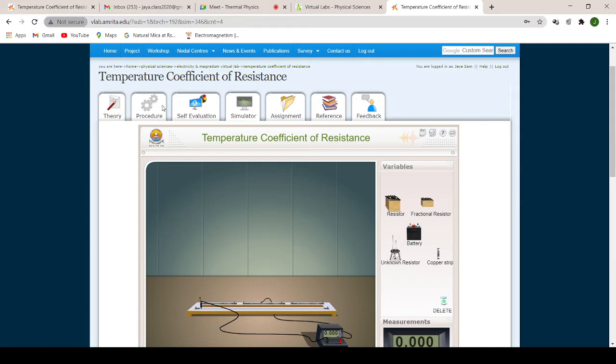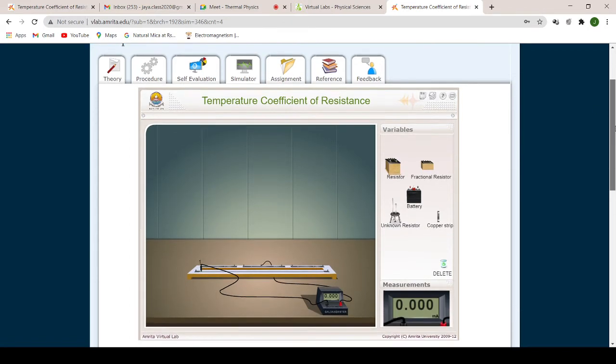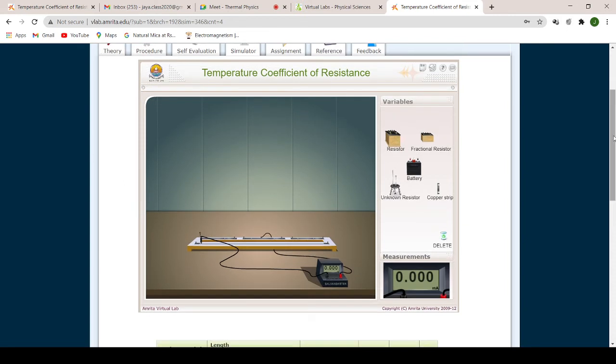So usually it will say ask or block. So you just click on allow, then it will allow you to use the flash for the time being, and let us try to finish as many experiments as possible by December. And the IIT people are also working on it, the virtual labs people are working on it, so that this simulator works even without the flash.